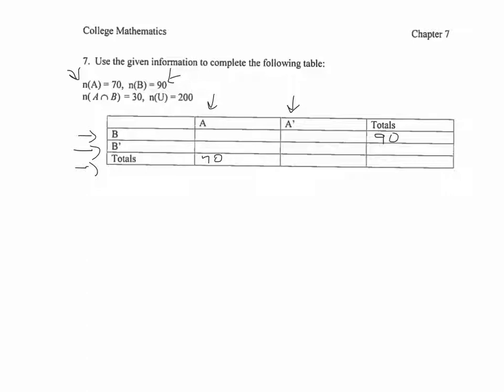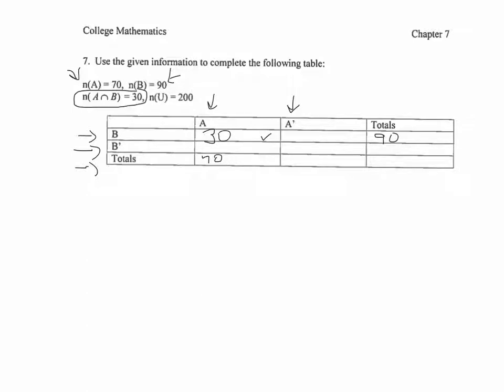Now, this one is the number that's in the intersection of A and B. Well, where A and B intersect would be the box in the table where the column for A and the row for B meet. And that's this one right here. This box is going to be the intersection of A and B, and that has a value of 30 according to the information we've been given.